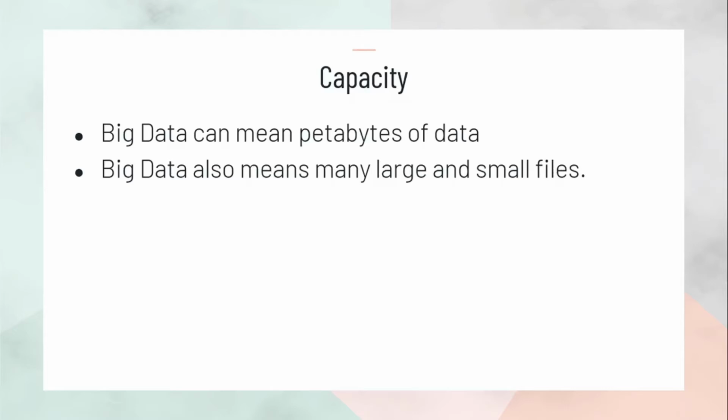Big data also means many large and small files. Managing the accumulation of metadata for file systems with multiple large and small files can reduce scalability and impact performance, a situation that can be a problem for traditional network-attached storage systems.